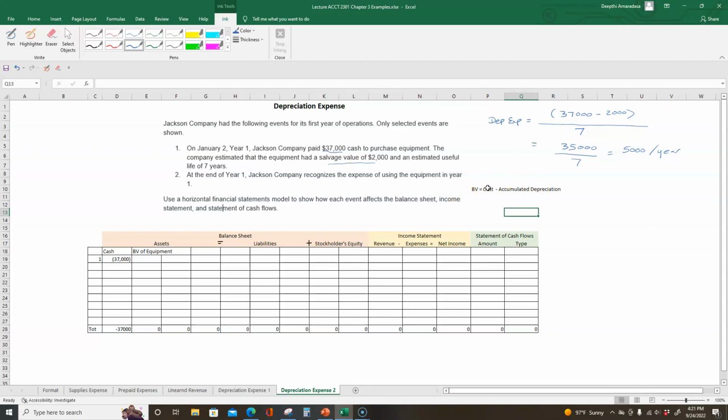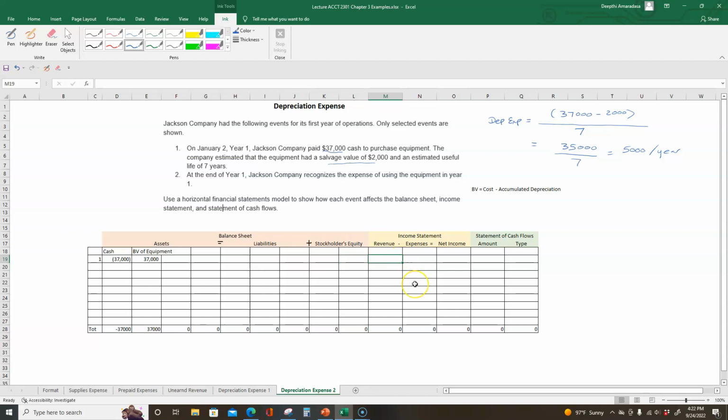If the cost increases, book value increases. If accumulated depreciation increases, book value decreases. So just keep that relationship in mind. So in this example, the cost of the equipment increased, which causes the book value of equipment to increase by $37,000. That takes care of the balance sheet.